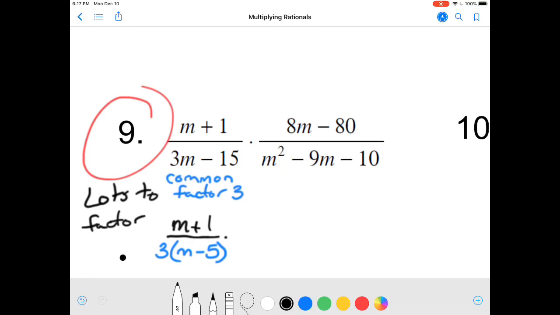Now we're going to have to factor our other rational function as well. Starting with the numerator, we're going to find a common factor between 8m and 80, which is 8.